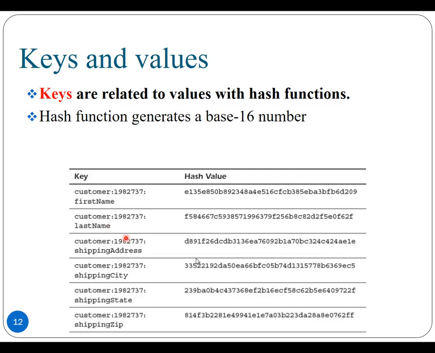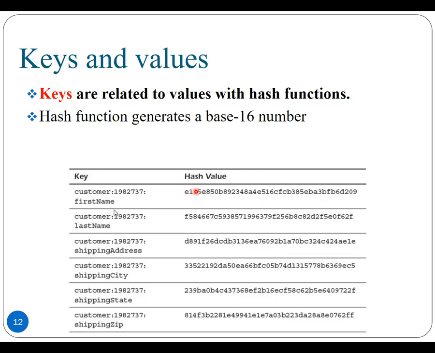For example, for a customer 19823272737, that's the key, and then first name. I give this key to the hash function, and the hash function gives me an address. Then I store my data in this address.